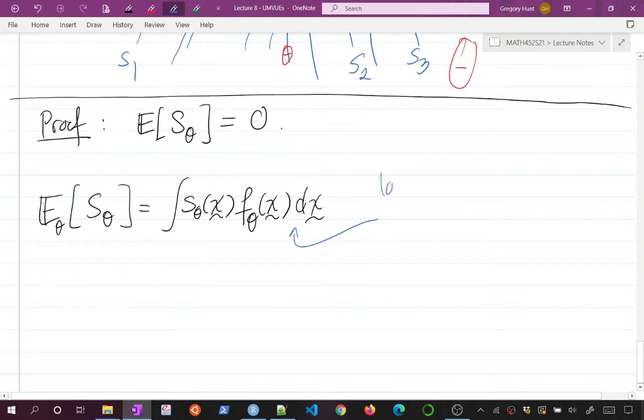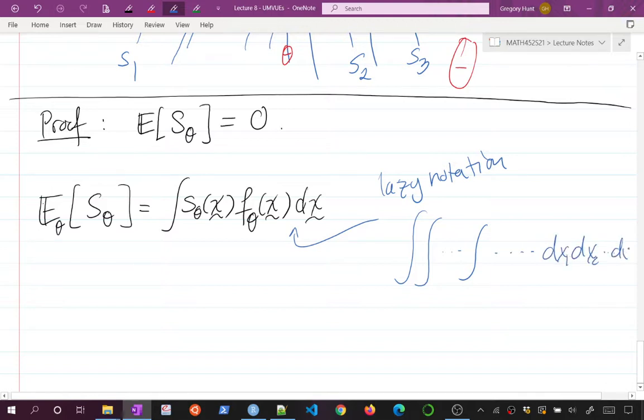This is my lazy notation. You might say, how can you integrate against a vector? This is my lazy notation for n integrals, dx1, dx2, dxn. I'm just going to write it as dx tilde, which just means multiple integrals, but I don't want to have to write that over and over again.